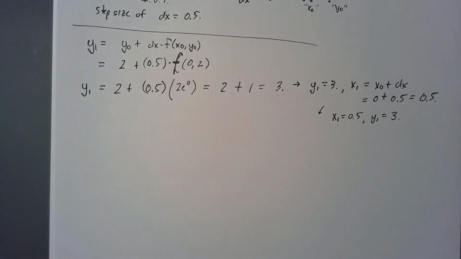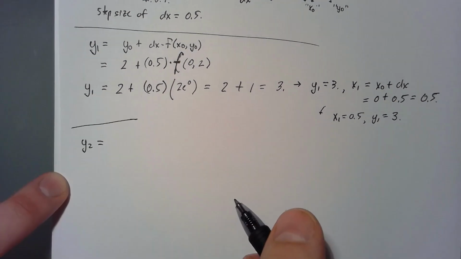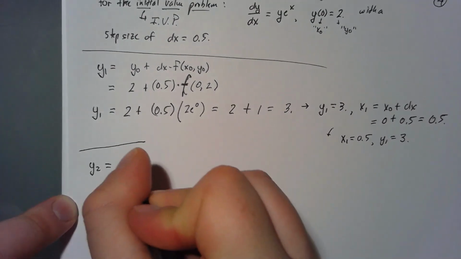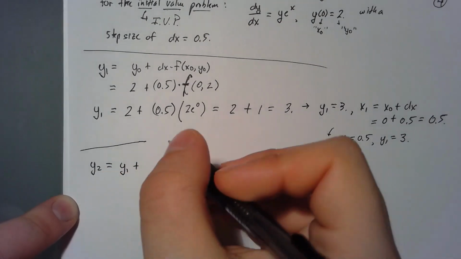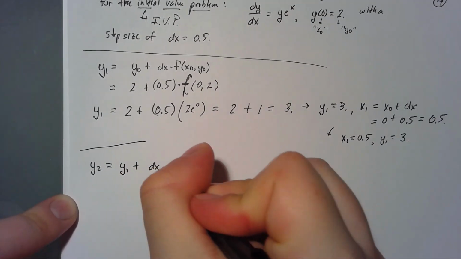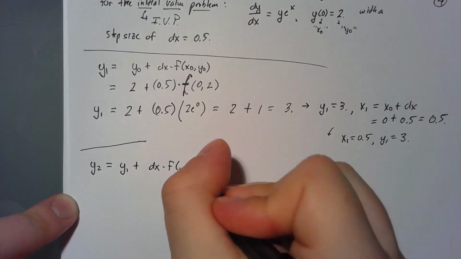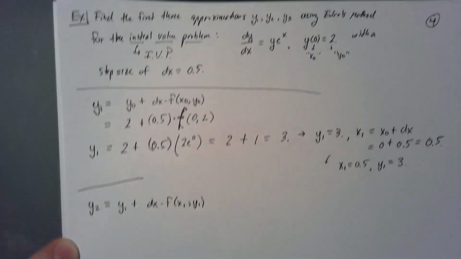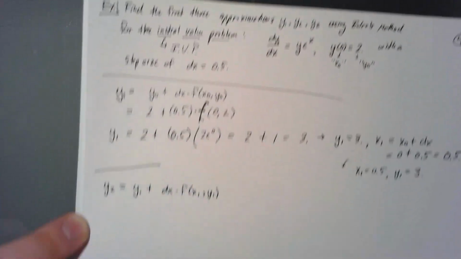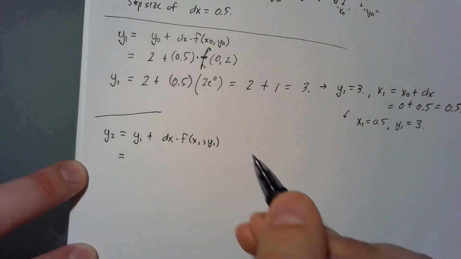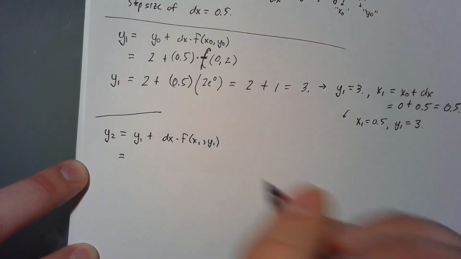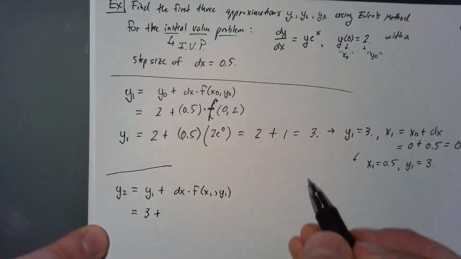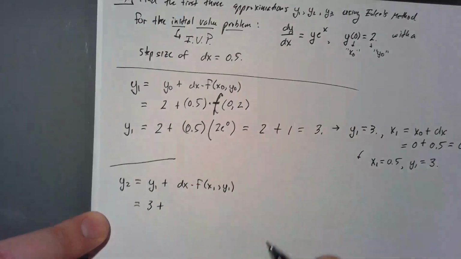So y sub 2 equals what? y sub 1 plus dx times f at x sub 1 comma y sub 1. That will give me my second approximation. What was y sub 1? 3. Plus, what was my increment size? My increment size never changes. That's 0.5.